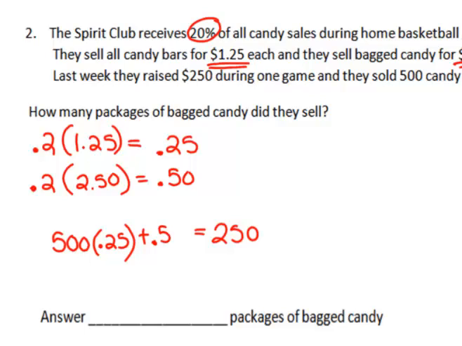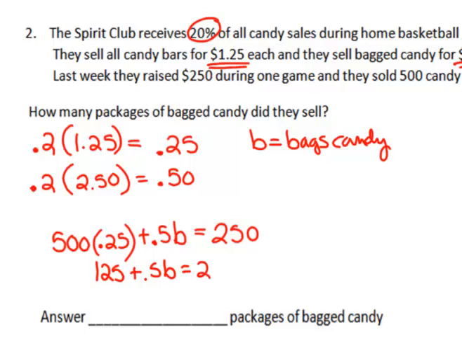Plus they sold some bagged candy. I don't know how many, but I'm going to say that B equals the number of bags of candy that we sold. And I know that I get 50 cents per bag. So when I solve, I end up with 125 plus 0.5B equals 250. 0.5B equals 125.